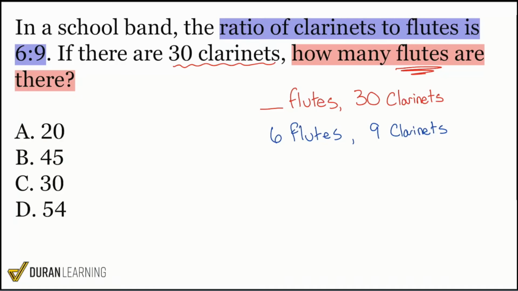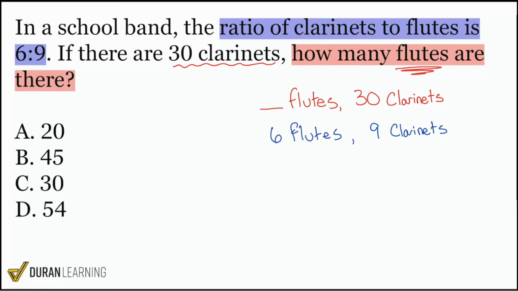Everybody, this is something we want to understand, especially if we have not seen this before. When we are dealing with ratios, the order matters. All right, my party people? The order matters.